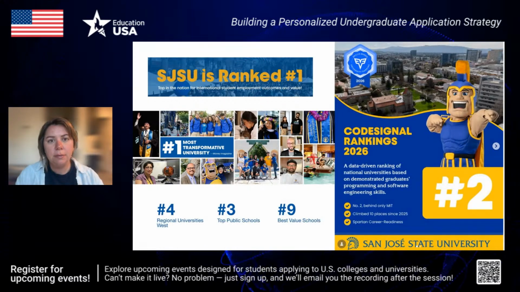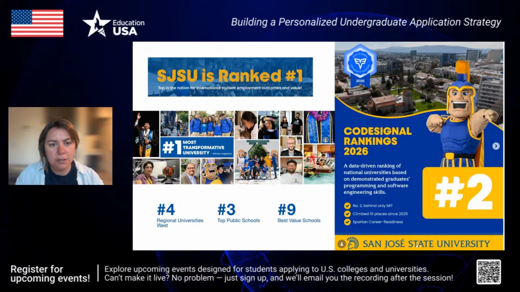So it can be difficult not to focus on rankings. It does play an important part. You want to look at your QS rankings and things like that, but you really want to be able to tailor the situation for you because there are so many universities out there.